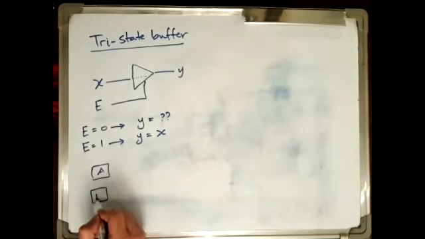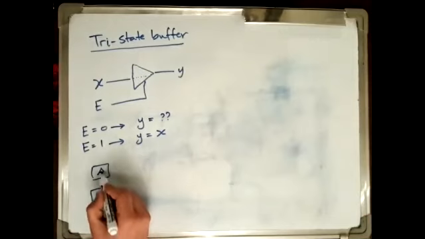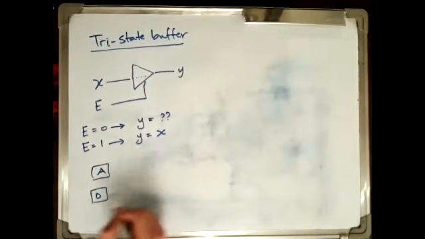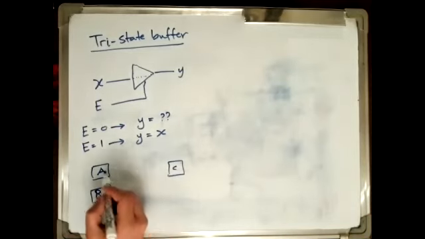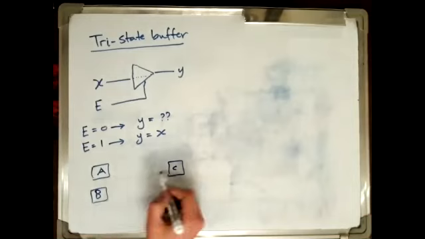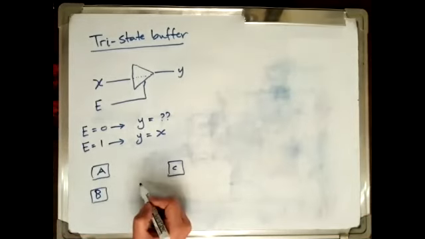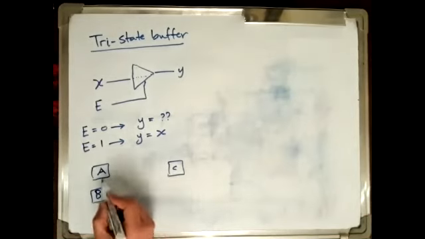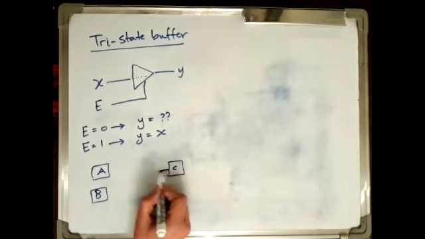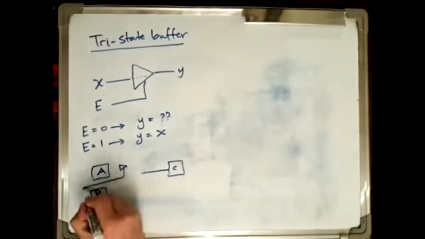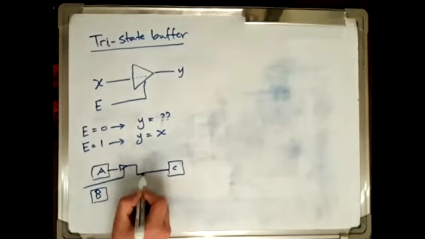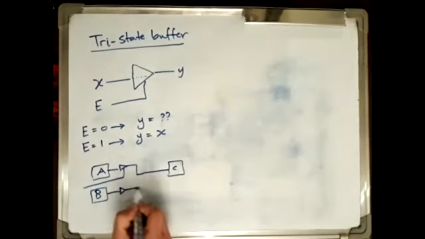And we showed an example. If we have 2 systems, A and B, and these 2 systems are supposed to send data to C, instead of having 2 separate wires or channels for these 2 systems, we simply can have 1 wire, and then we let these 2 systems share this wire using a tri-state buffer.